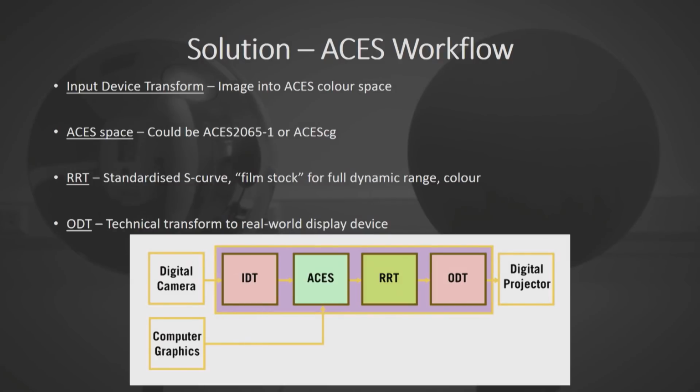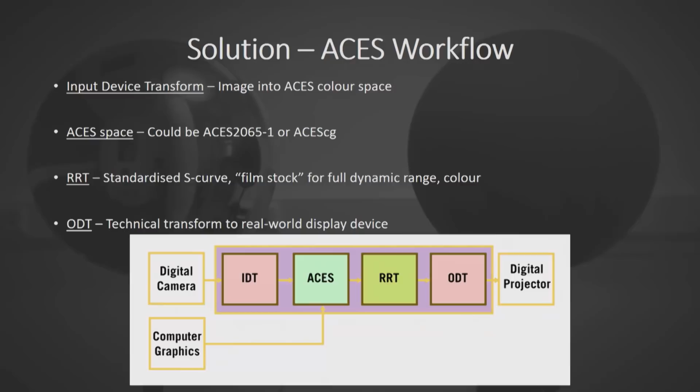Remember that horseshoe-shaped diagram is a color space that makes sure it encompasses everything we see there. Or we could be using a better, more suitable working color space for our CGI, which could be the ACEScg color space, which is slightly bigger than Rec 2020, which means we encapsulate all the main color spaces we might be working with as artists.